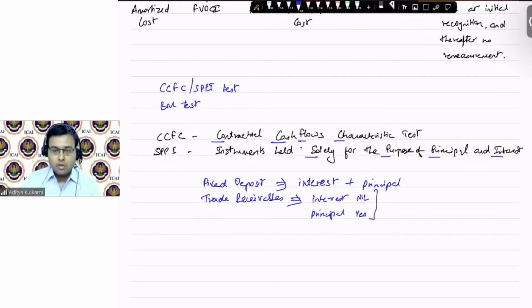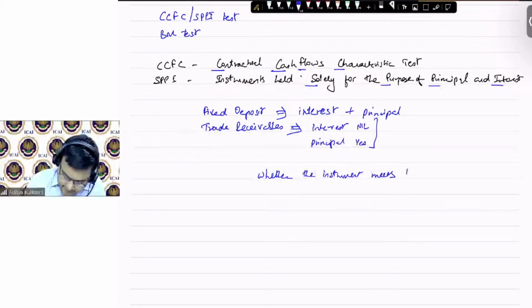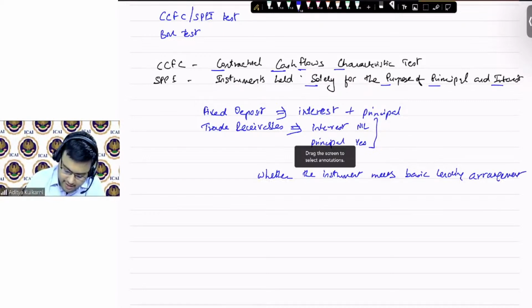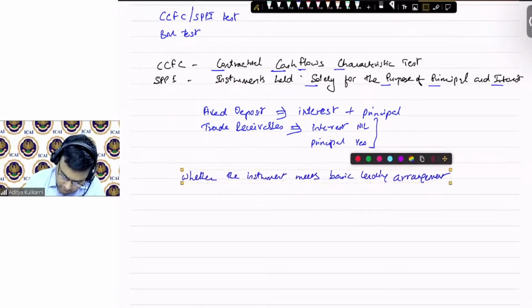You should check whether the instrument meets a basic lending arrangement feature. This is the question that you will have to answer.